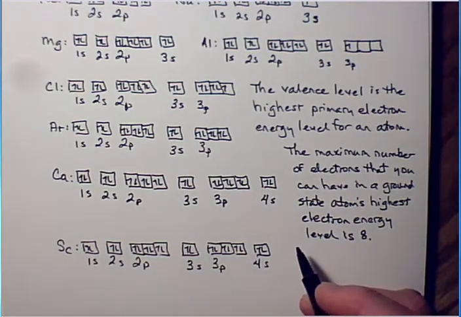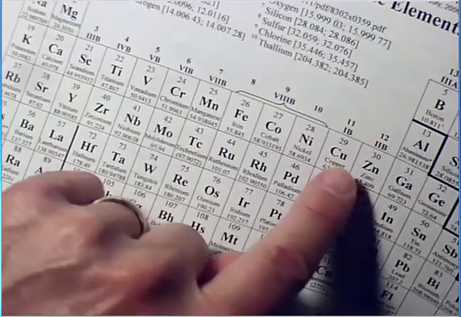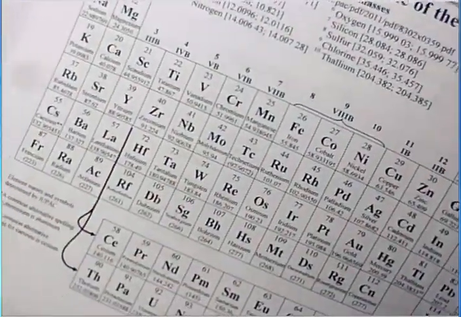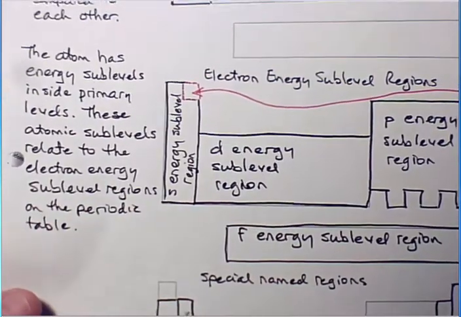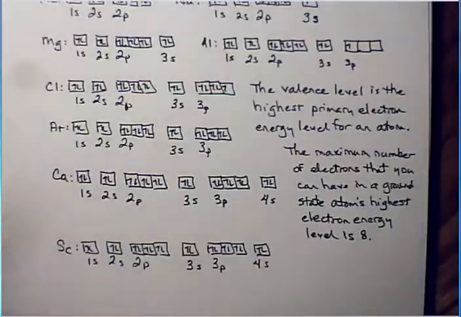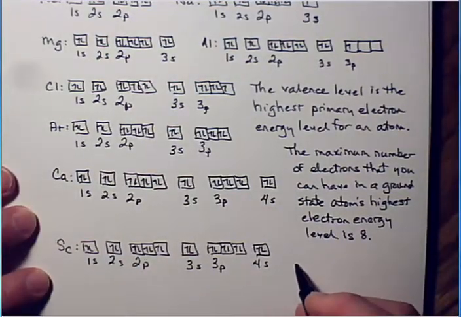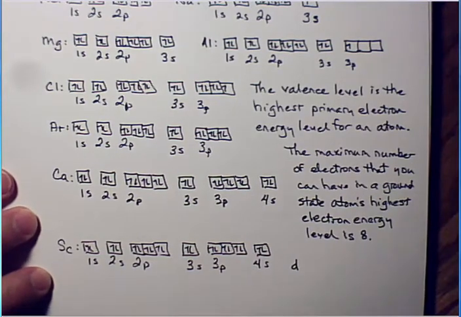What sublevel region is this on that outline we did? D, okay? So this is the D sublevel region, but it's not going to be in the highest energy level. It's going to be one energy level lower. This is 3D.